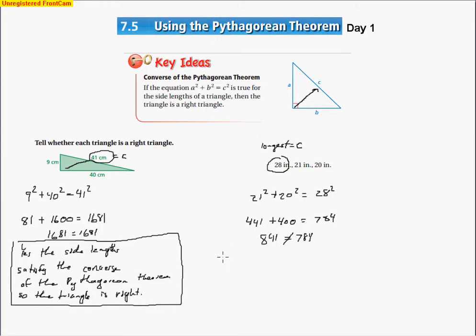So we'd say the side lengths do not satisfy the converse of the Pythagorean theorem.